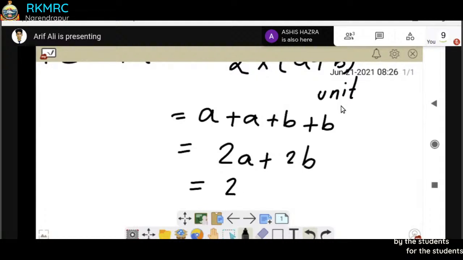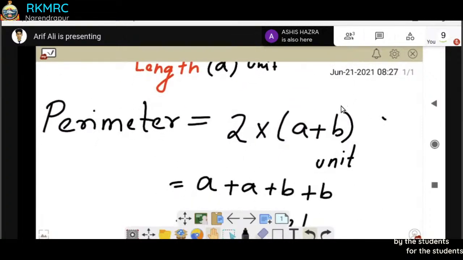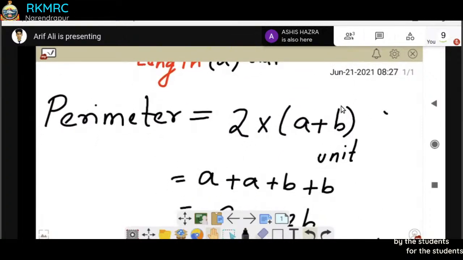So if you take 2 common, then you are left with this, which is quite similar to your formula, which is over here.